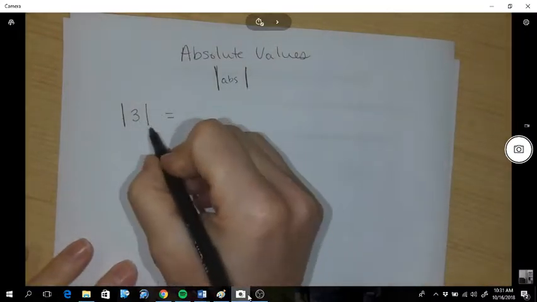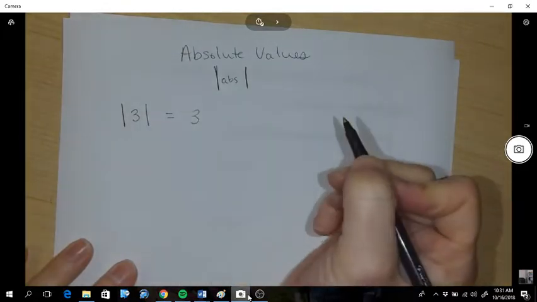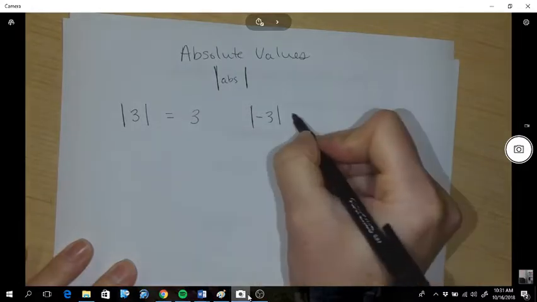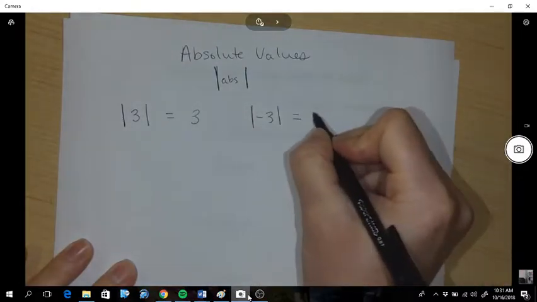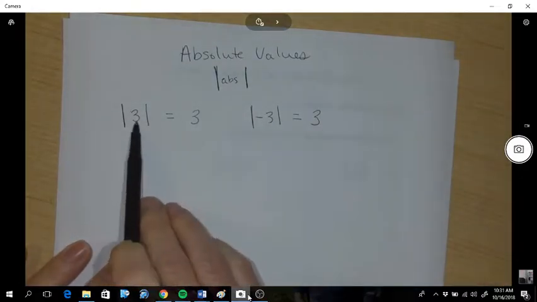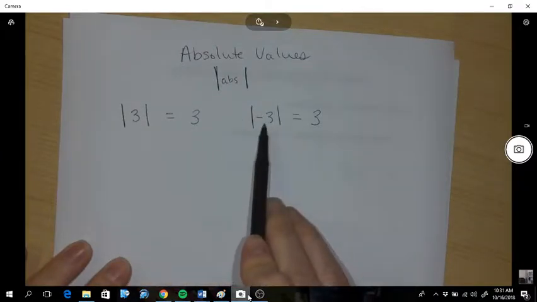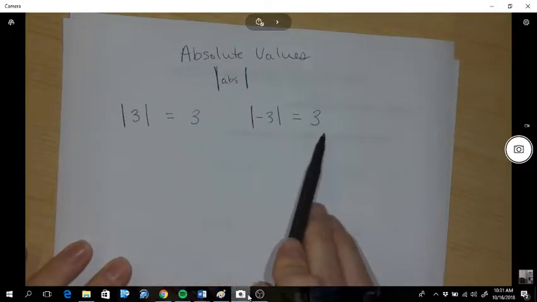So the absolute value of 3 is just 3. If you take the absolute value of -3, that is also just 3. In other words, 3 kilometers north is just 3 kilometers, and 3 kilometers south is just 3 kilometers.